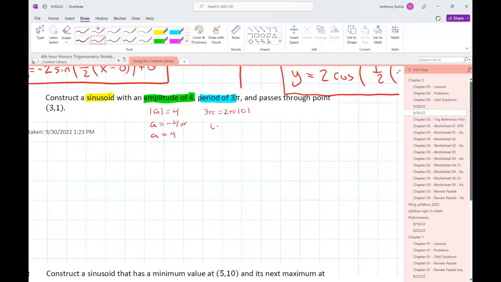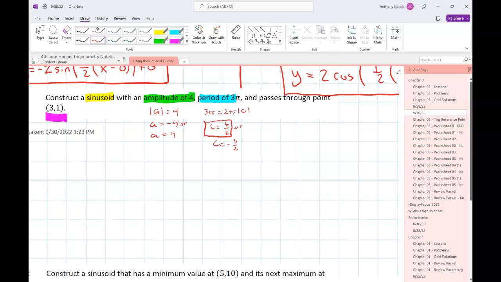So I know that C is 3 over 2, or negative 3 over 2. We're always going to pick the C to be positive. Now the last piece is we have this point. What are we still missing? We don't know H, we don't know K, and we don't know the sign for A.